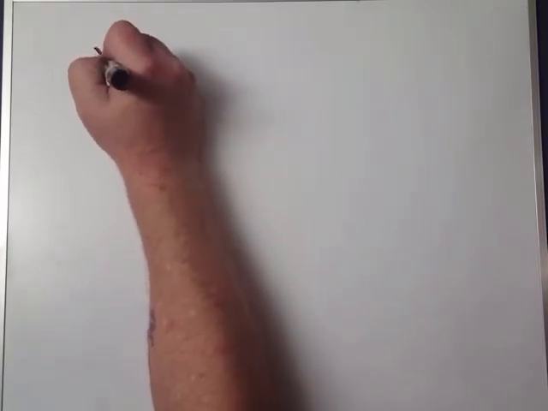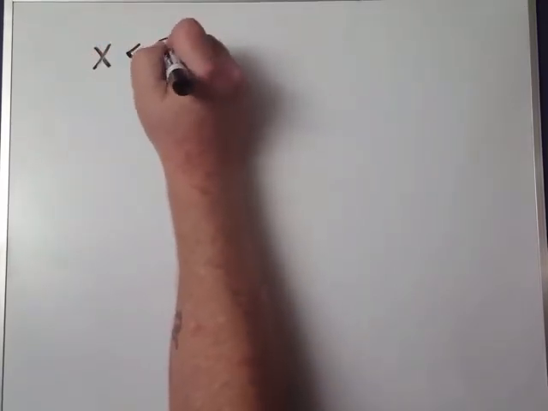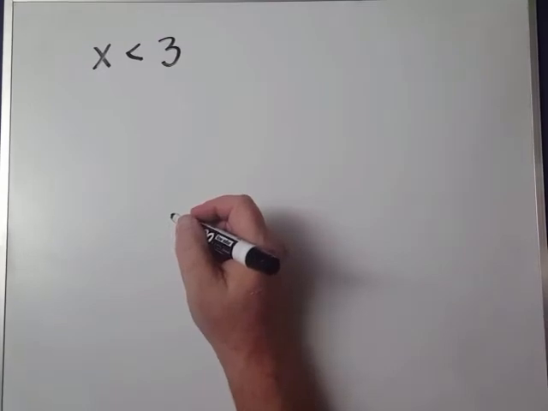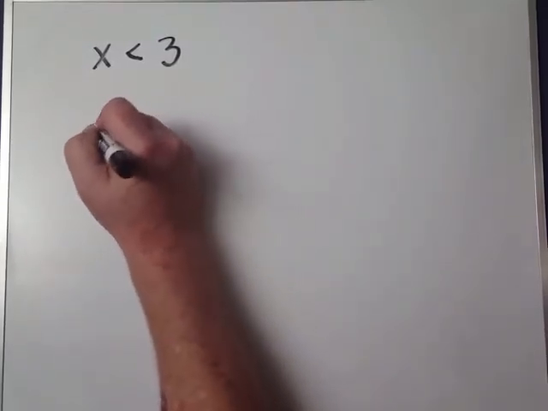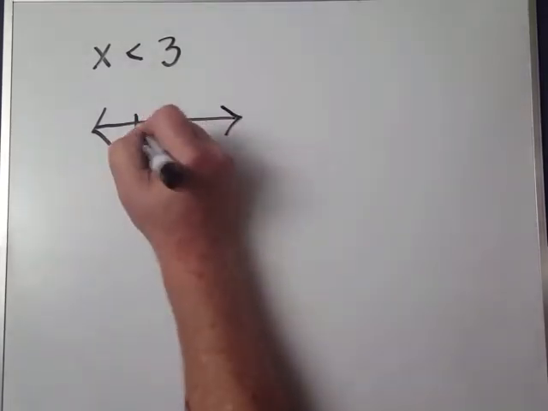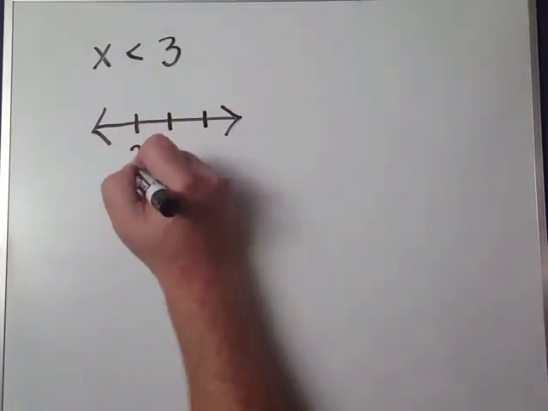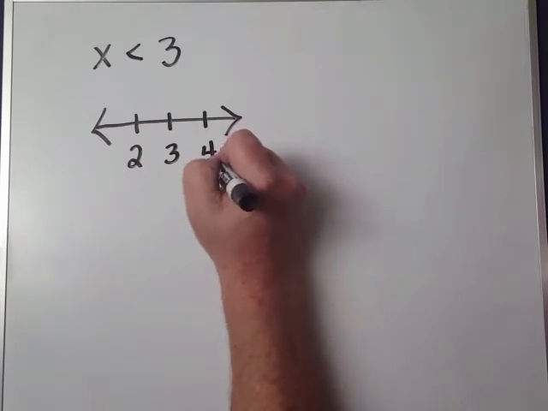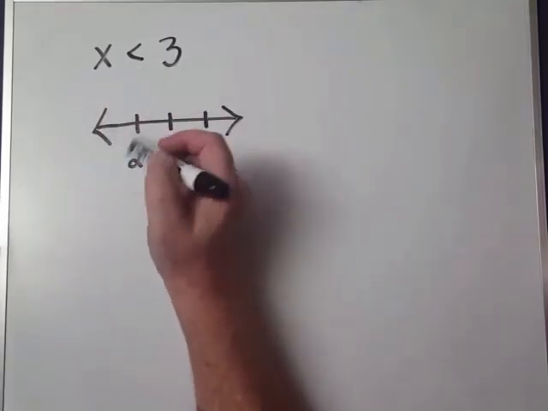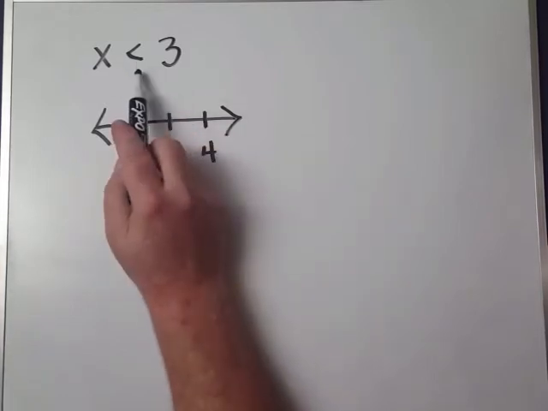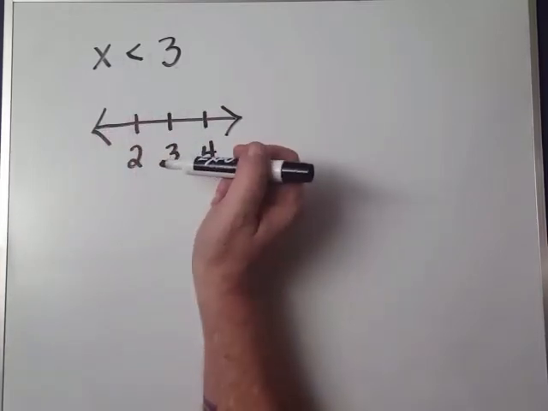If I write x is less than 3, I can graph this on a number line. I want to graph all of the numbers. I want to put a dot on every number that is less than 3.